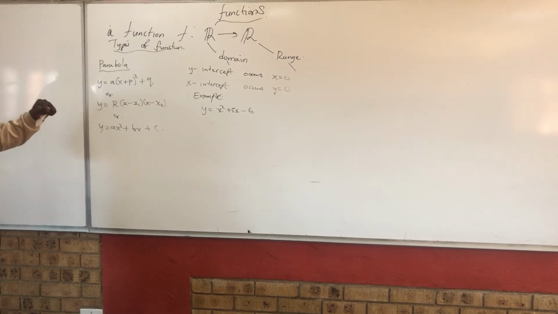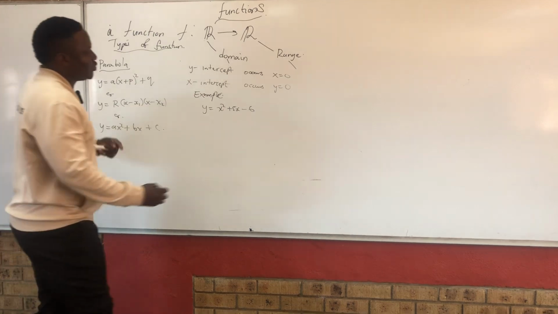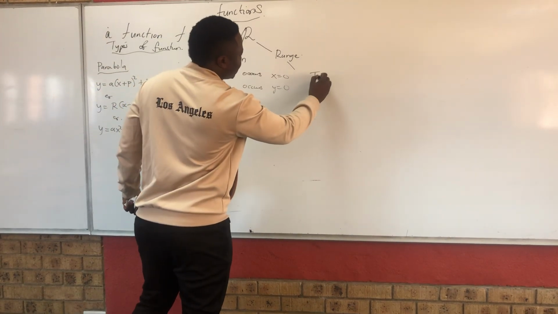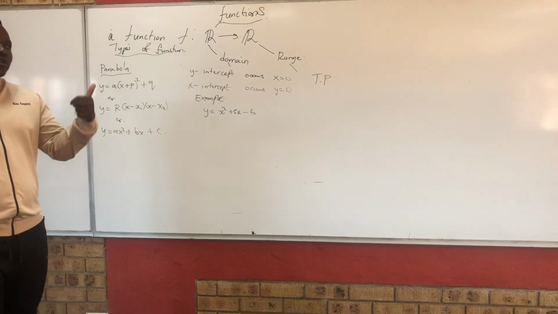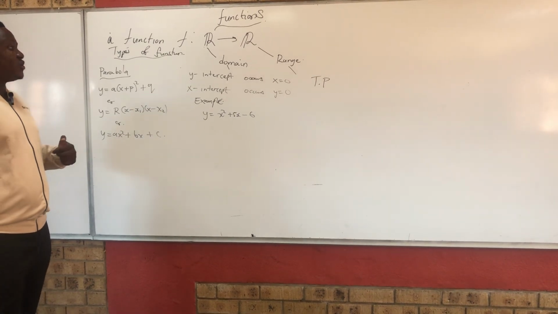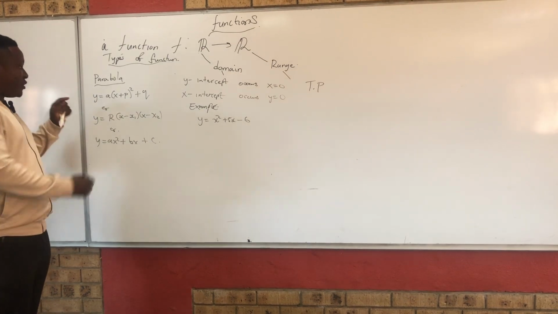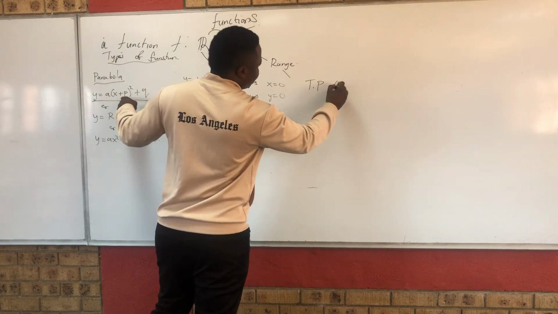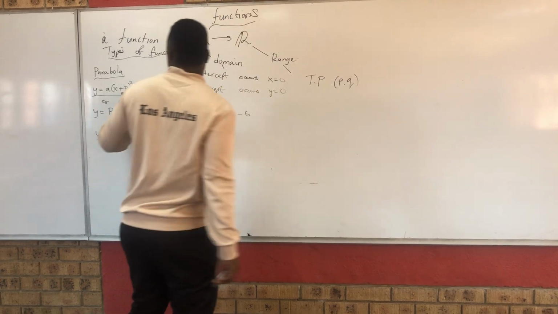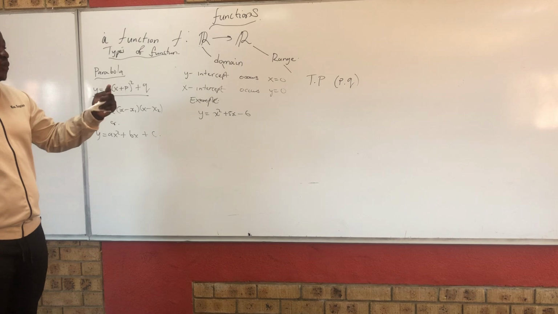And another thing I forgot to explain: you need the y-intercept, the x-intercept, and also the turning point, the TP, which is called the turning point or the stationary point. If you have this equation, the turning point is just going to be (p, q).